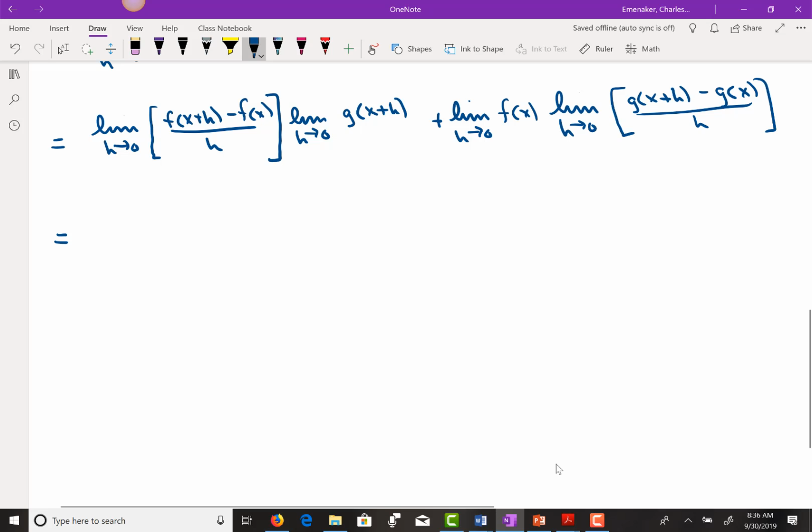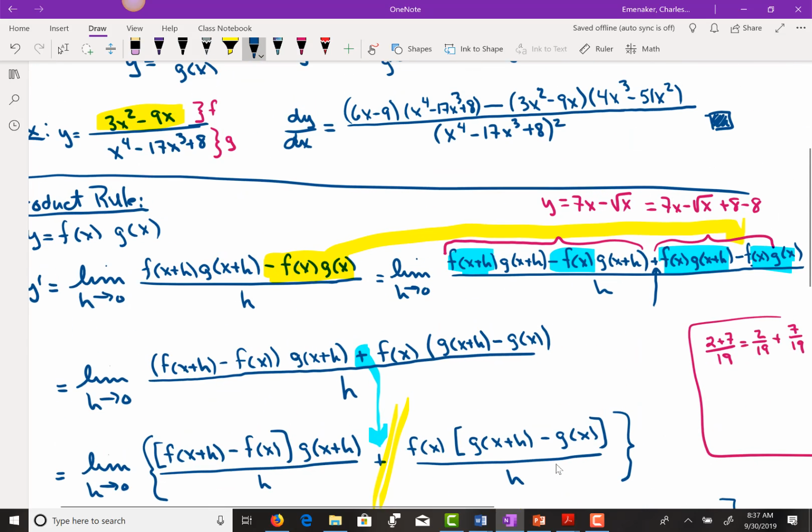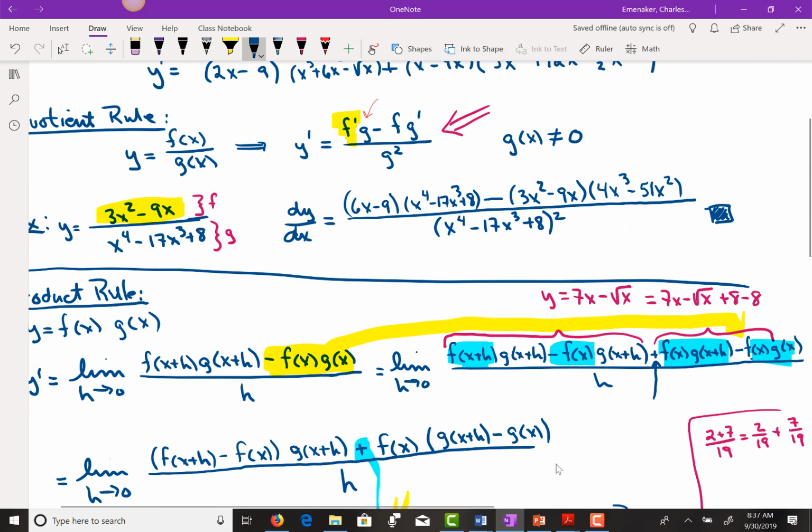Now, in the first term, realize that we have two factors. We have this chunk, and we have that chunk. The very first chunk, see the limit as h goes to 0 of f of x plus h minus f of x over h. What is that? My head hurts too much to think about anything right now, Chuck.